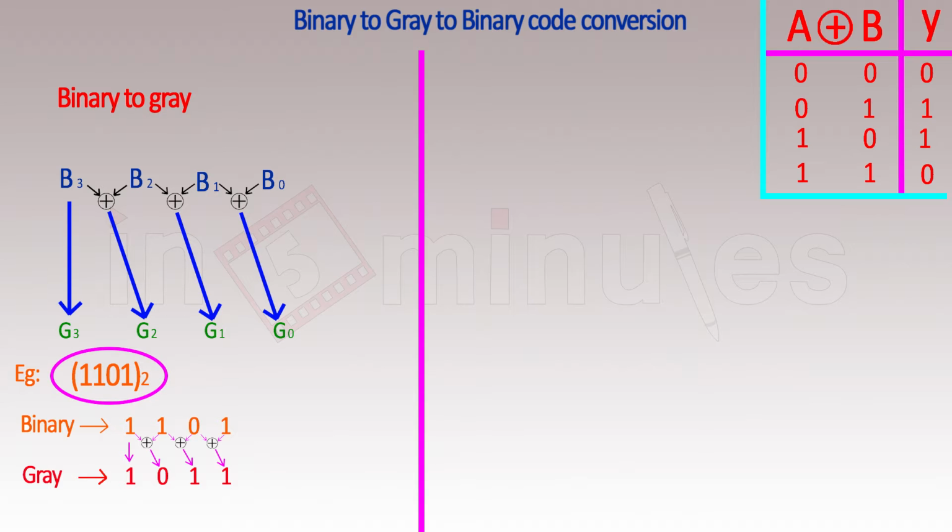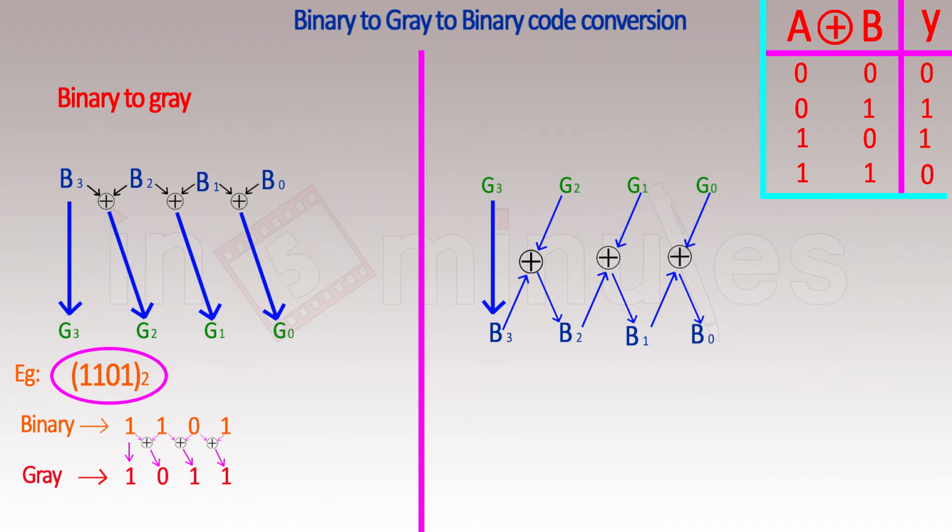So let us try to convert gray code into binary. So what is the operation? Again the same XOR logic will be implemented. Now we have available a 4-bit gray code, that is G3, G2, G1, G0, and as we have taken the same bit while converting from binary to gray, G3 is the same as B3, so here B3 will again be the same as G3.